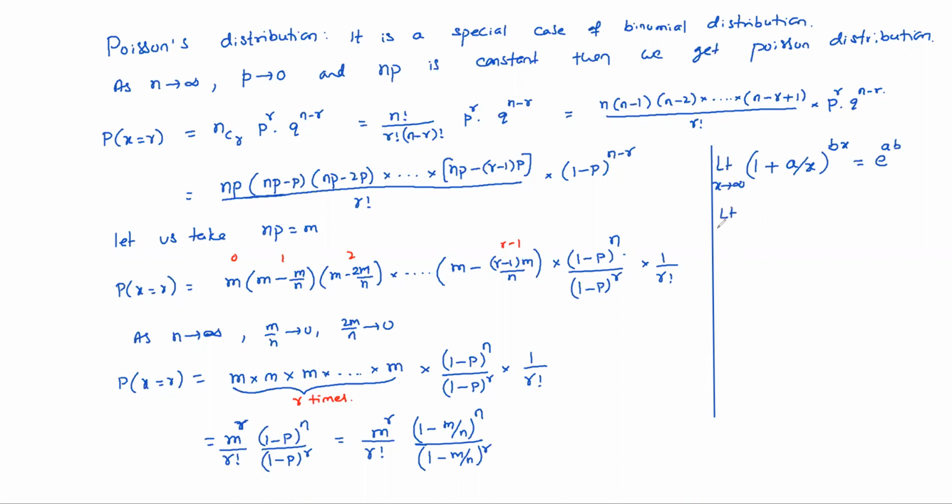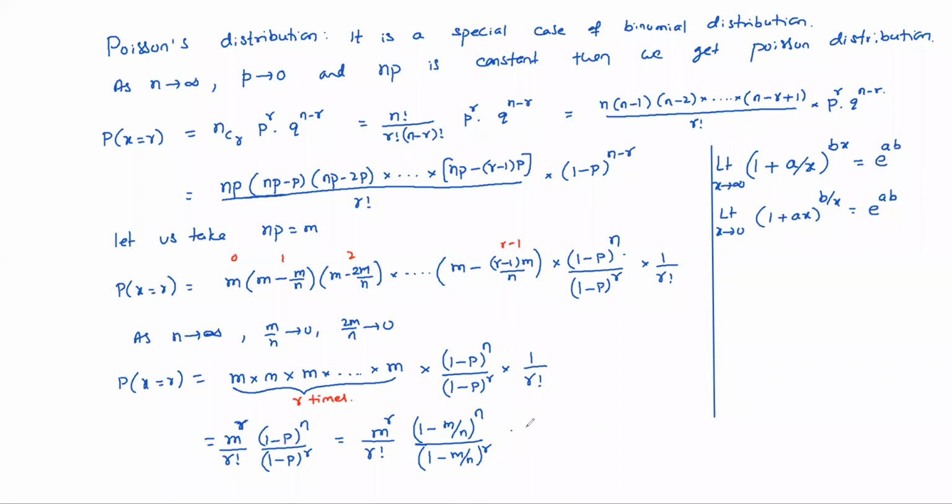Or limit x tends to 0 of 1 plus ax to the power of b by x is also e power ab. You know this formula from basics, or otherwise in engineering mathematics. The GATE mathematics syllabus also covers this one. Limits, how you get e power and all, you can get this.